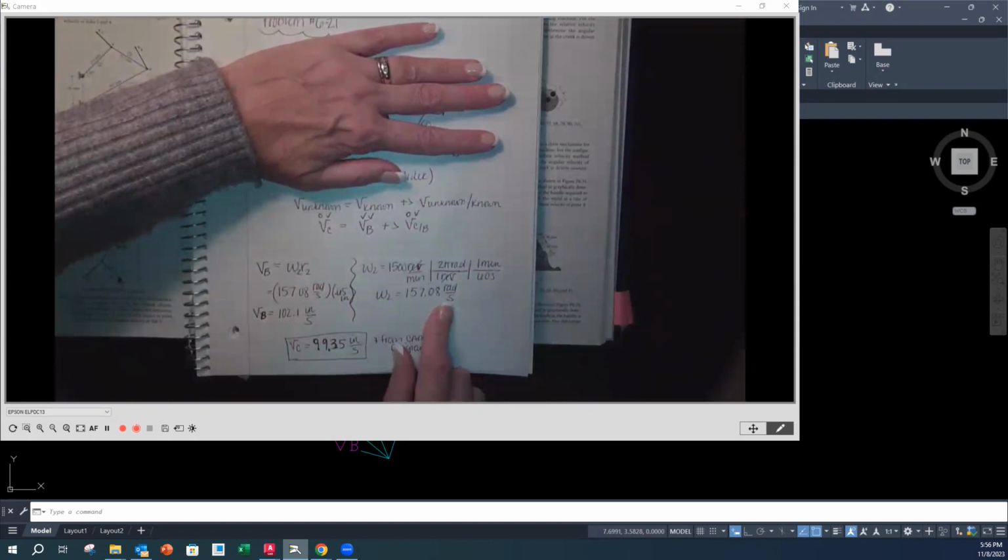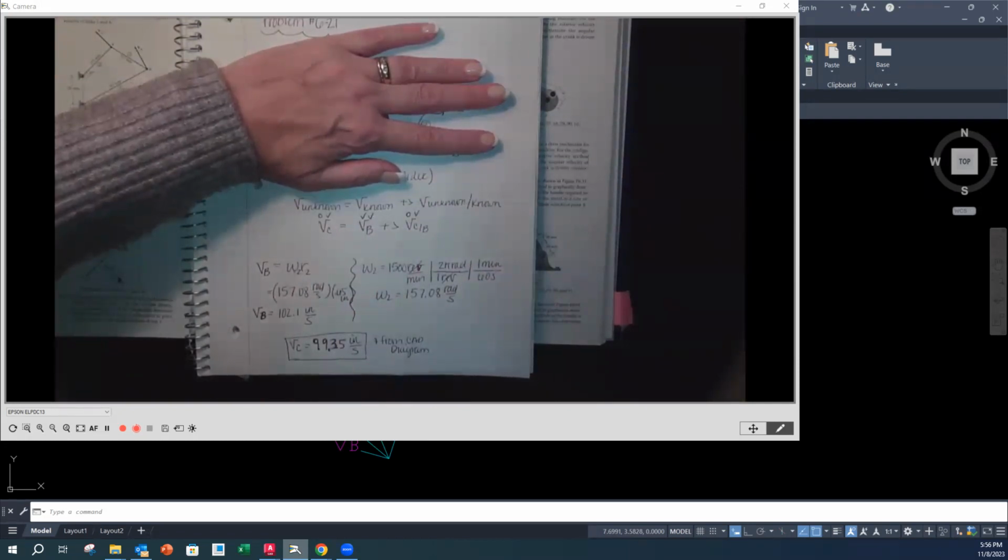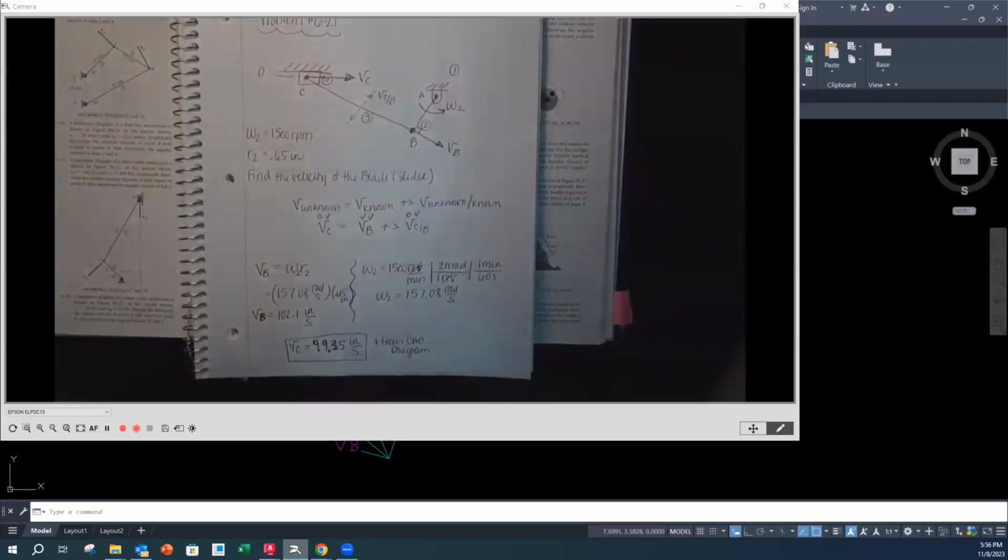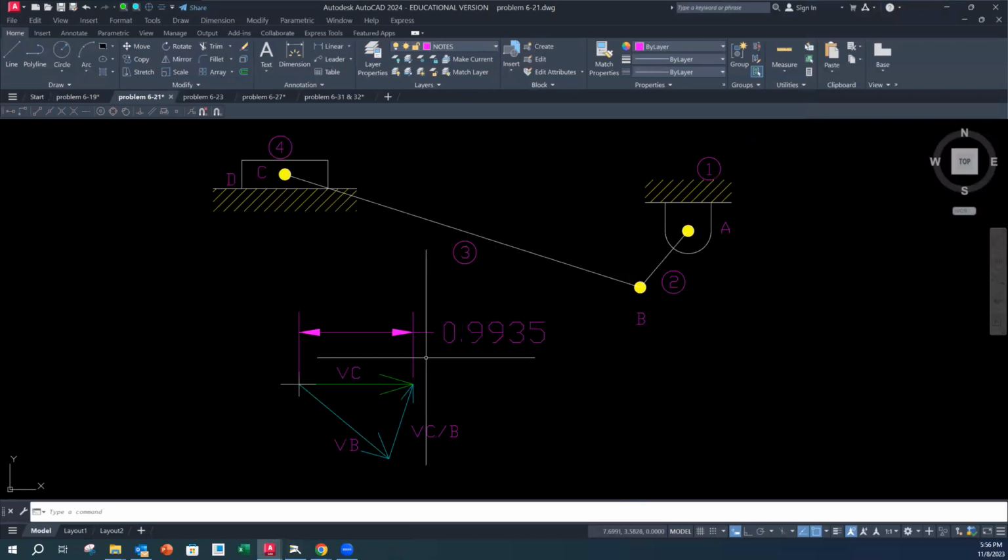Any of your conversions are required. And then your final answer with a box around it is required. Like here, because our answer said 0.9935, multiplying it out and then putting a little note from the CAD diagram. So if you have a VC here, if I go to the CAD diagram, I should see VC labeled there as well. Any questions about what to hand in for this?